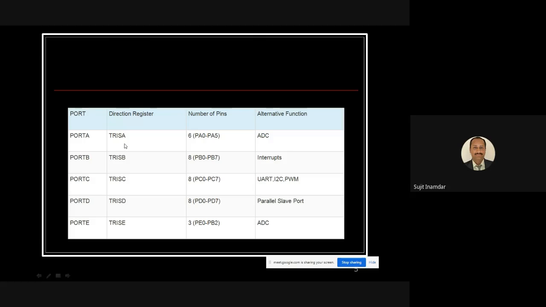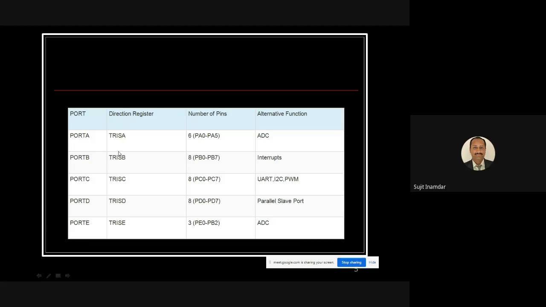Direction means whether it is an input or output. TRIS, whose long form I told, is tri-state. And lastly A B C D E: TRISA, B, C, D, E, that is the port name.